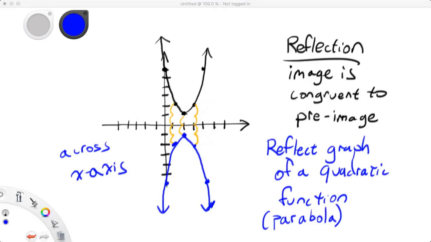You're going to reflect the parabola across the x-axis. Okay, and that is how you do reflection with a function. So that's a little introduction to doing reflections in Algebra 2.